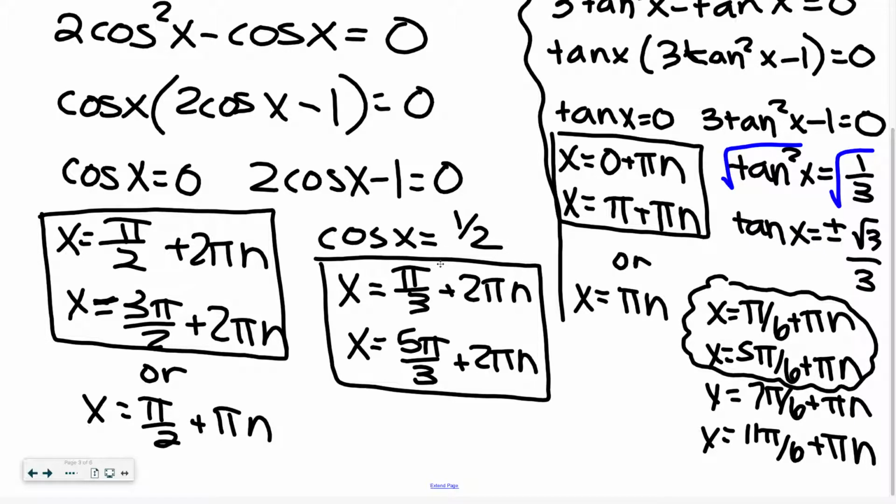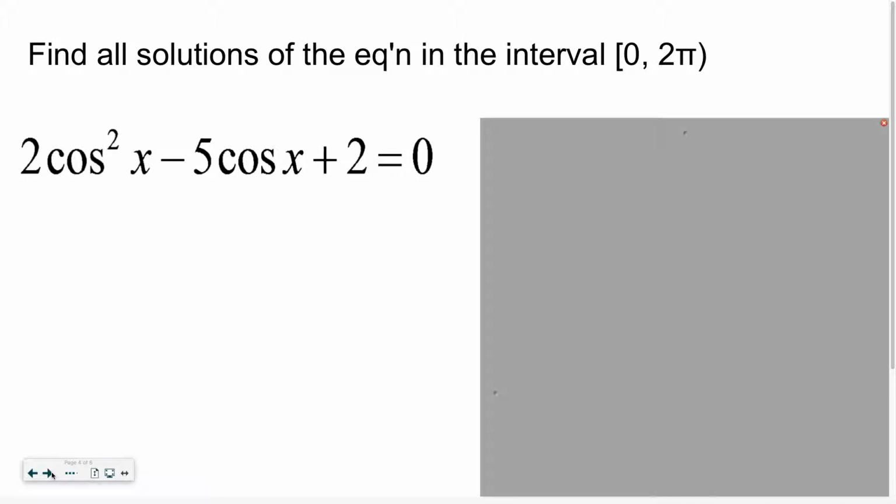All right. Moving right along. Notice I have a change in direction. It says find all the solutions from 0 to 2 pi.